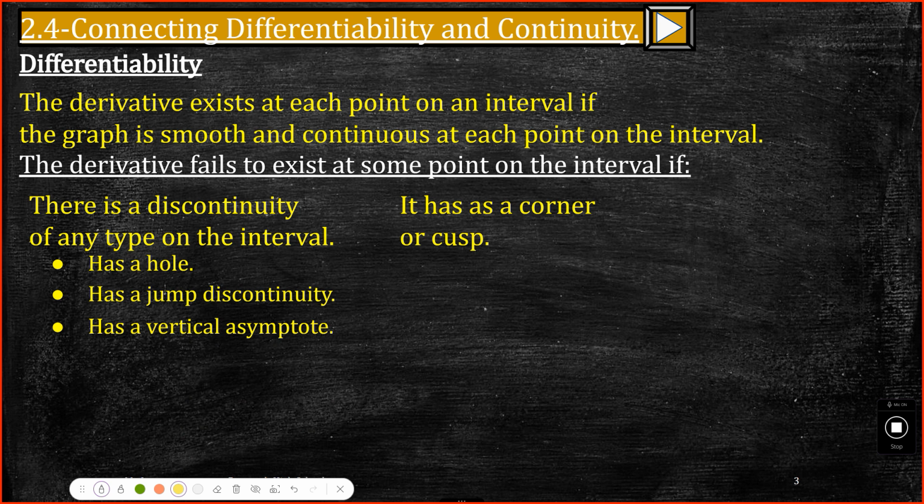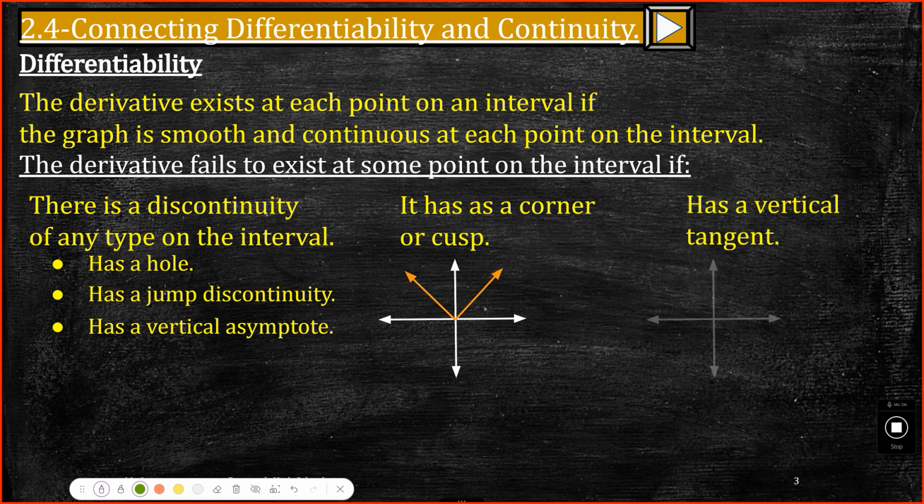Also, it would not be differentiable for a function that has a corner. A good example would be the absolute value function, and it wouldn't be differentiable at that corner right there. Vertical tangents, that's the one I keep talking about. That is not differentiable here or here.